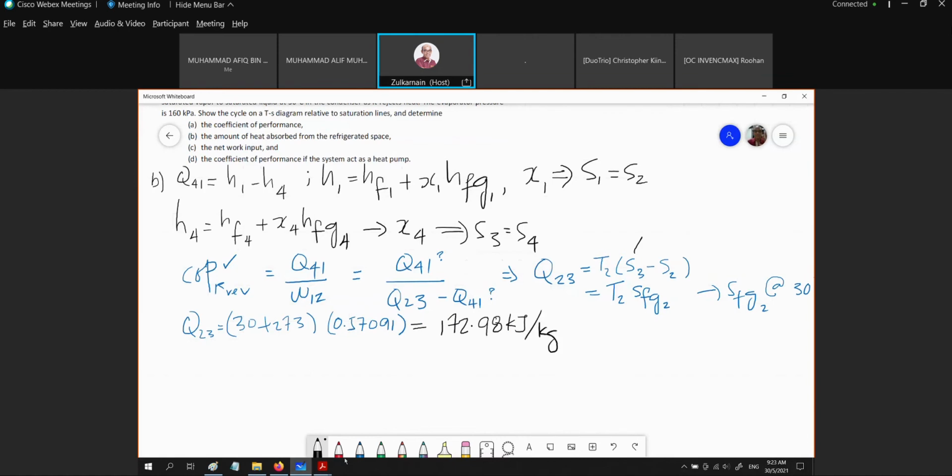The S3 is equal to SF, S2 is equal to SG. Sorry, it's reversed, guys. I should put right here, this is not the right sequence. Okay, let me write that again.